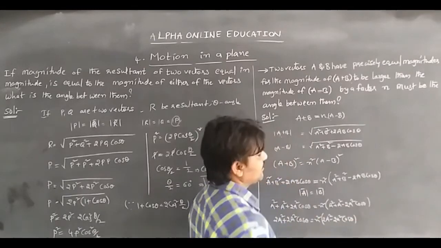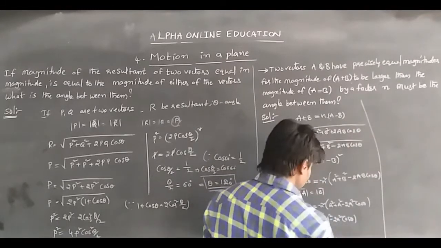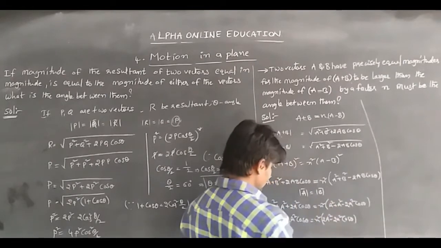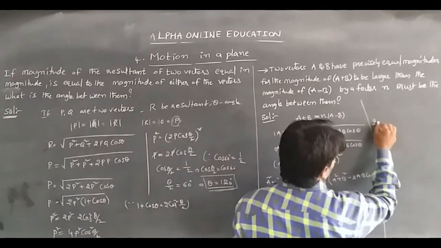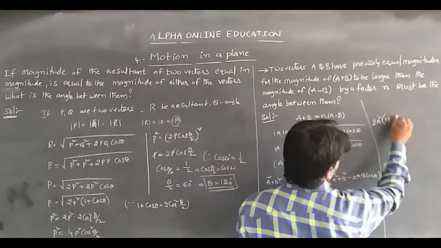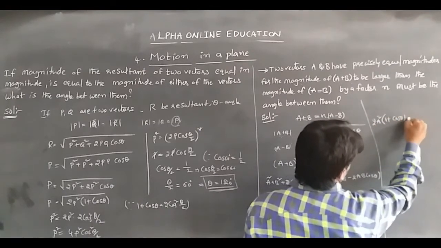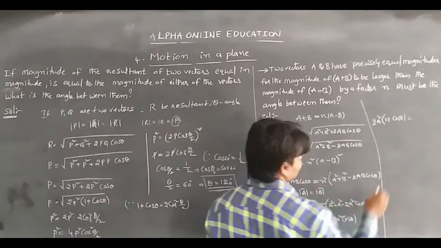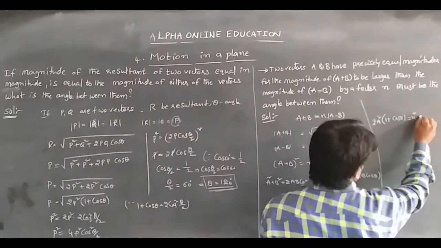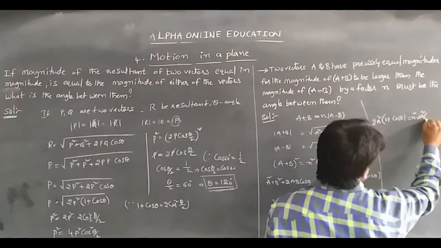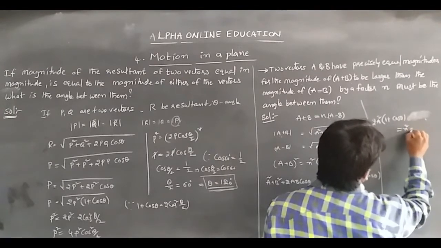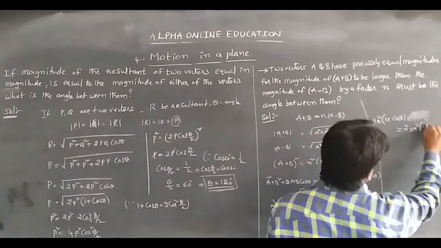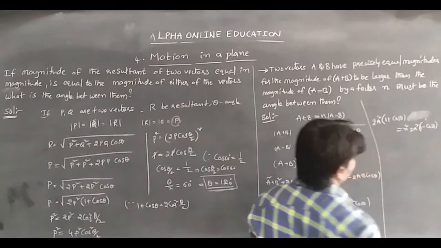From this we take 2A square common: 2A square of 1 plus cos theta is equal to n square into 2A square of 1 minus cos theta.